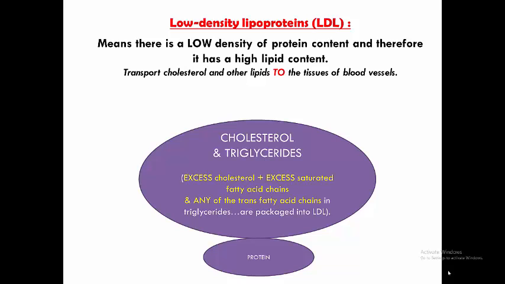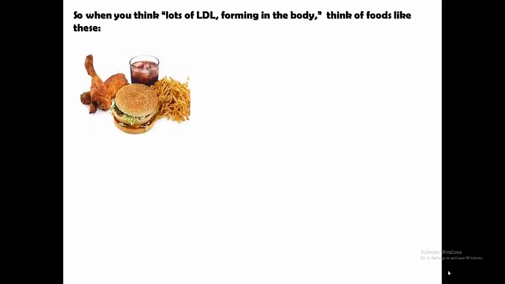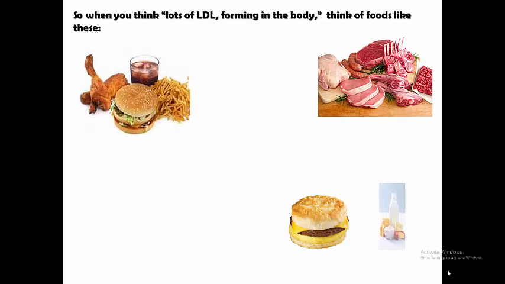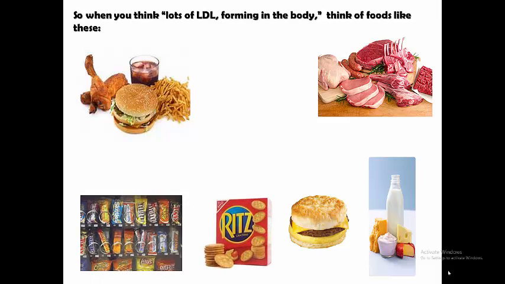And as they accrue, plaques form. So when you think, whoa, what could be causing lots of this lousy stuff, this lethal stuff, this LDL to form in my body? L is lousy, L is lethal, you get the trend. Then you want to think of foods like sweets, treats, and greasy meats, and you want to always think animal.